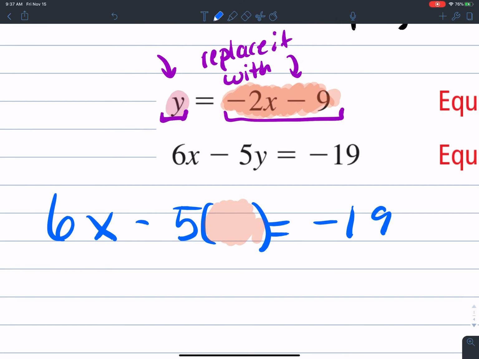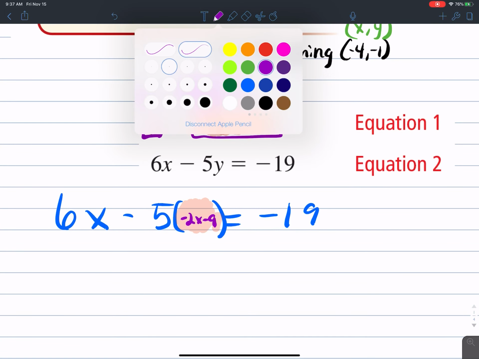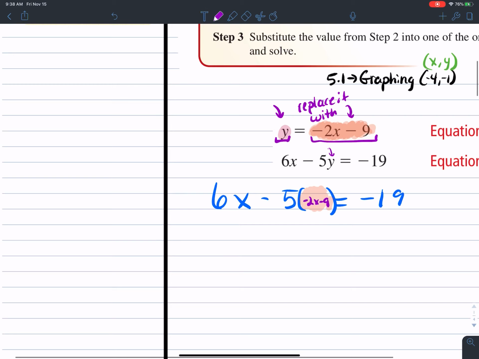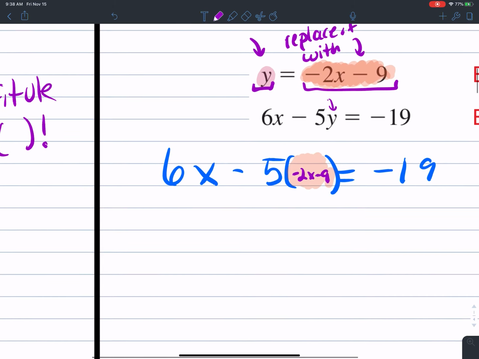Because y and -2x minus 9 are the same exact thing. So I've substituted the first equation into the second equation. So wherever I saw that variable that was all by itself, I plugged it into the second equation using parentheses. And that's one of my biggest tips I want you to add to your notes, that we should substitute using parentheses.